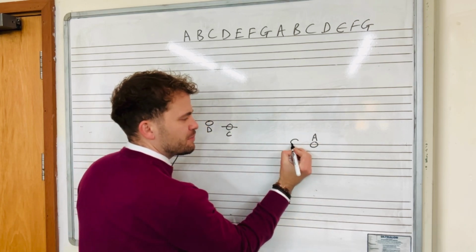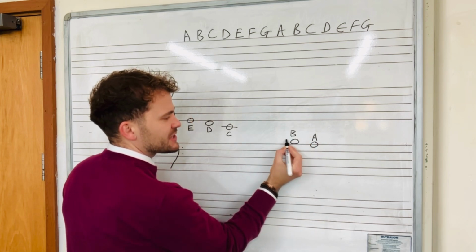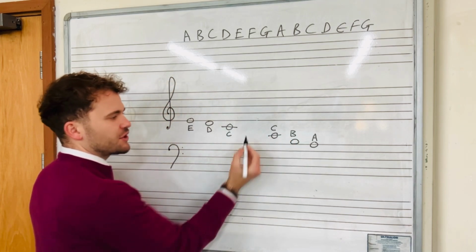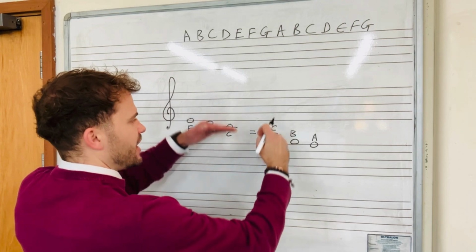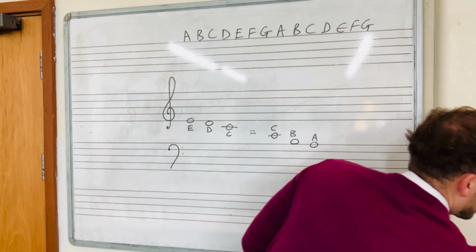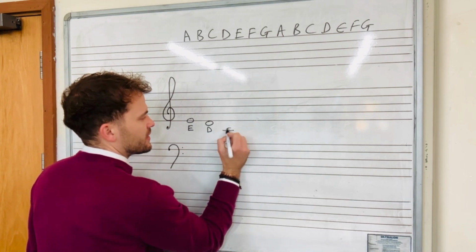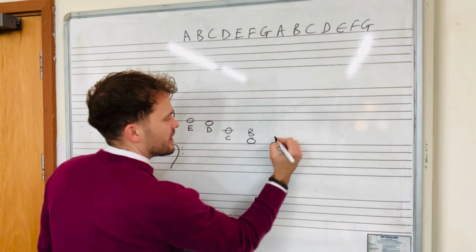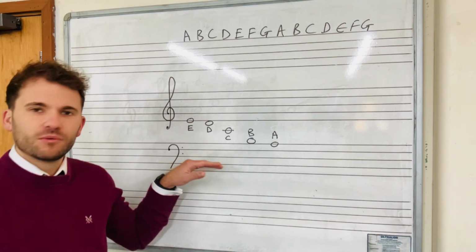The one just above the A would be a B, and then again, I need one of those ledger lines again, and that's a C. So these two notes there are the same note. I know that they're slightly higher and lower. If I was to make that even, it would now look like this. C, B, and A. So you can see there how the treble and bass clef would join together.